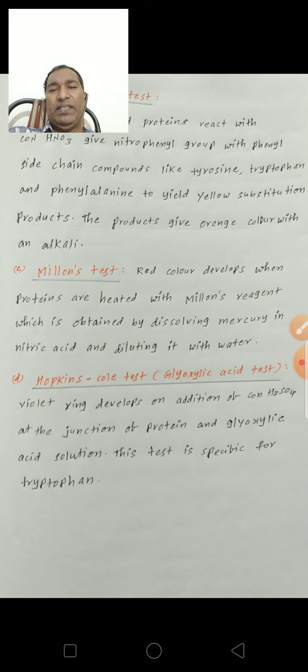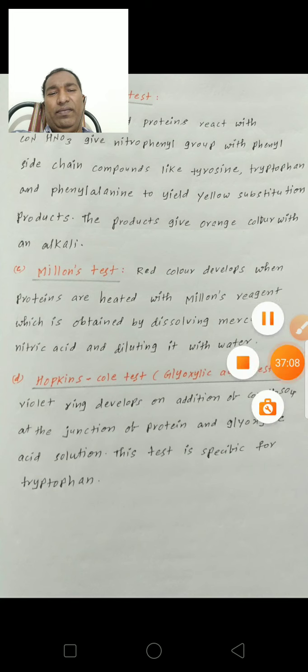Next, the Hopkins-Cole test, also known as the glyoxylic acid test. In this test, a violet ring develops on addition of concentrated H2SO4 at the junction of protein and glyoxylic acid solution. This test is specific for tryptophan.